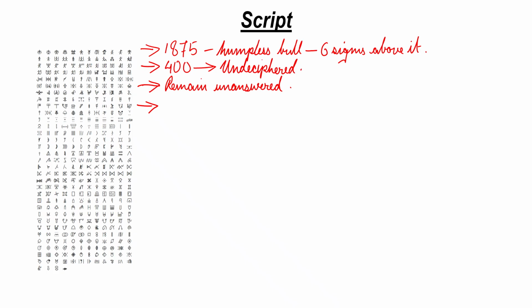Now script is regarded as pictographic. Now, what does this word pictographic mean? It means that there was no alphabet. Only pictures were used in order to express feelings. So if I say fish, I will write like this.